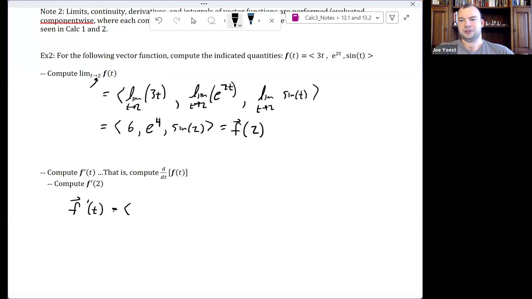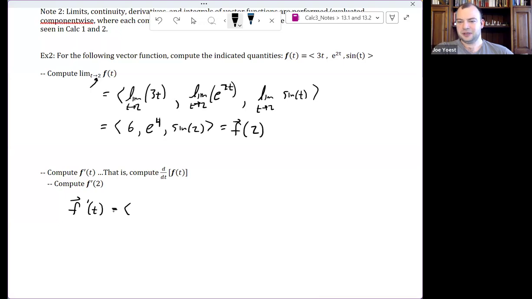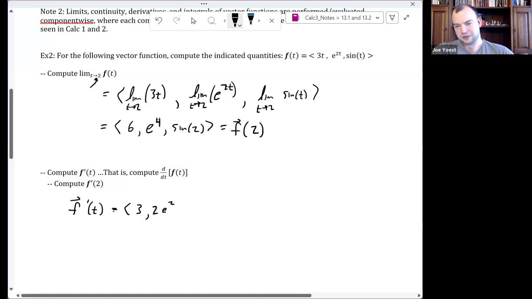So the first component of the derivative is the derivative of the first component of the original function. So it's the derivative of 3t, which is just 3. The derivative of the second component, e to the 2t, is going to be 2 e to the 2t.